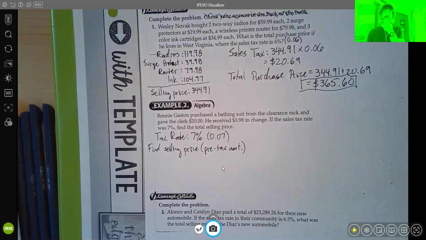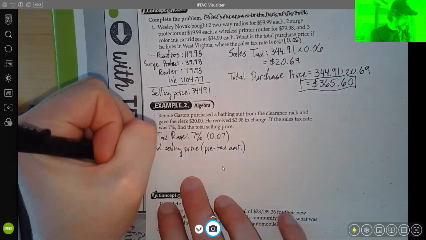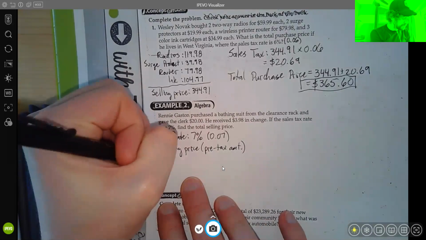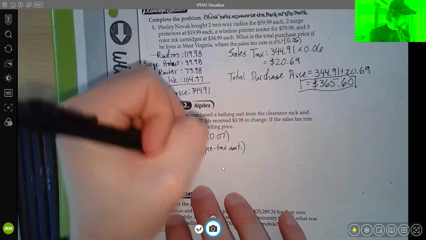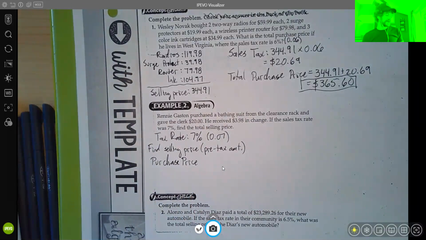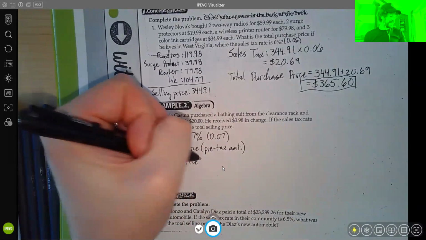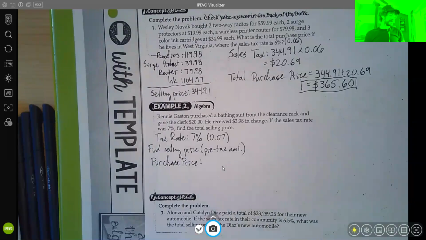That's before the sales tax is applied. So the purchase price is what we need to figure out here. The total purchase price is what we're going to have to figure out at first, and then we have to use that to figure out the selling price.